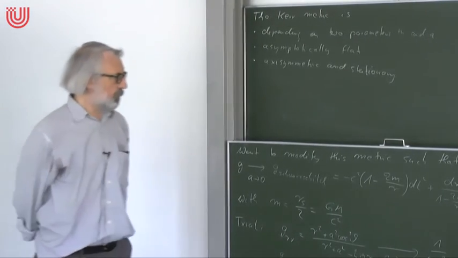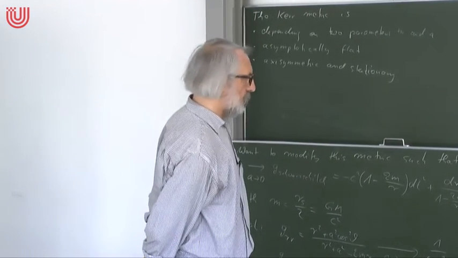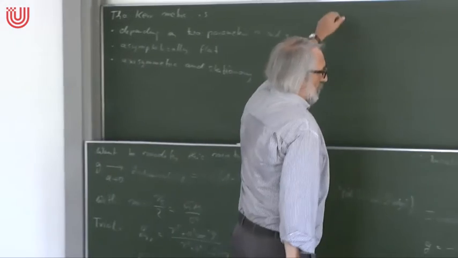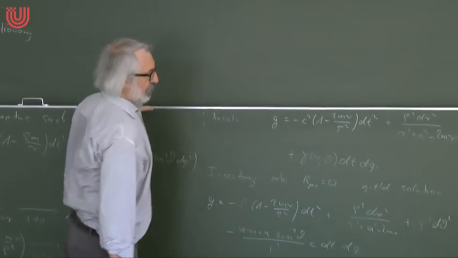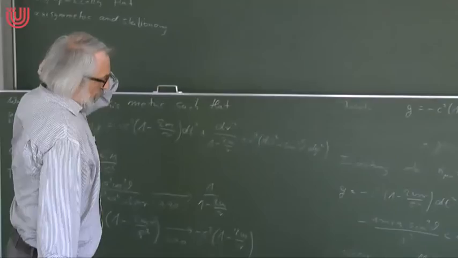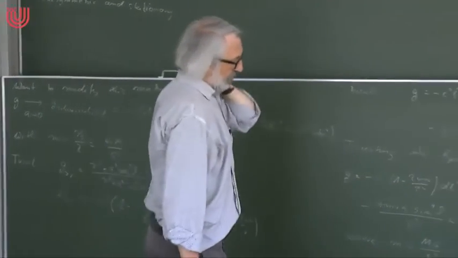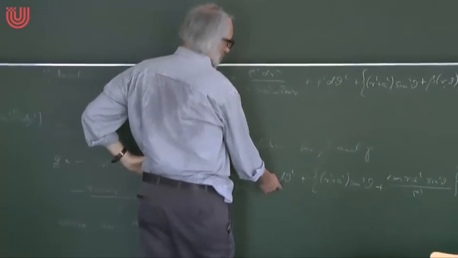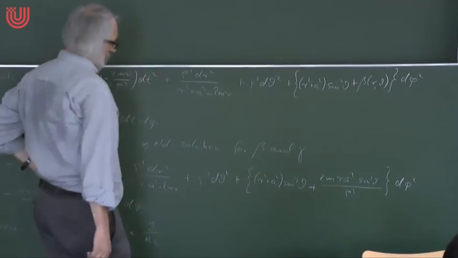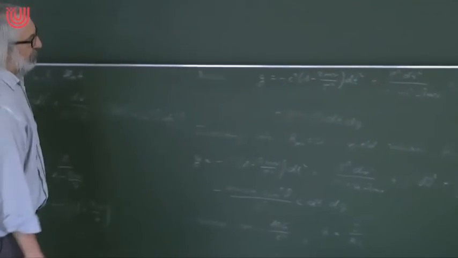Okay, what else can we observe? We see already what happens with the range of the coordinates. There's something quite interesting. In front of the d theta squared, in the Schwarzschild case, we had just an r squared.